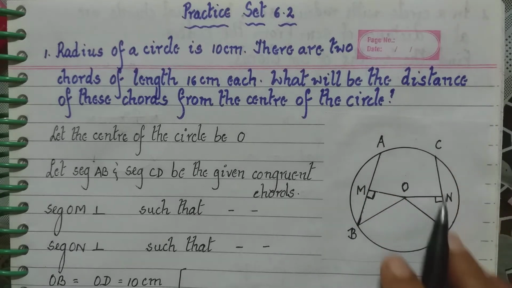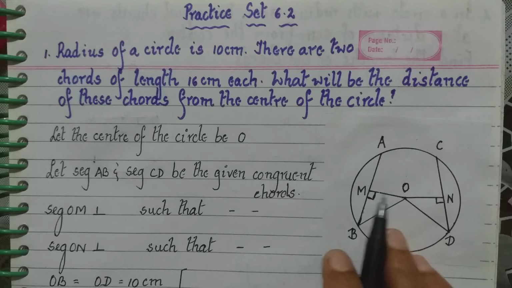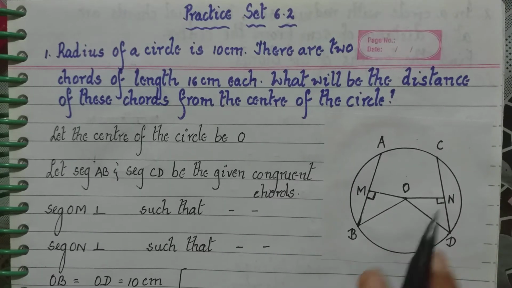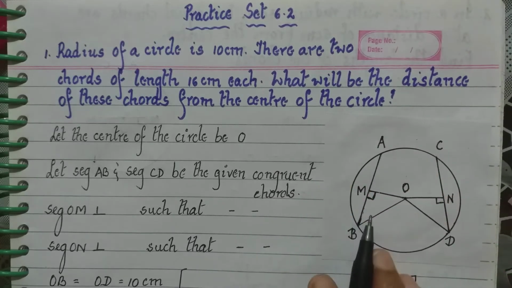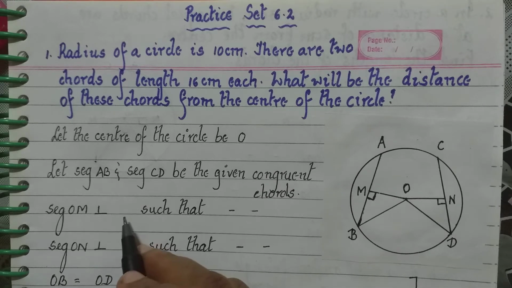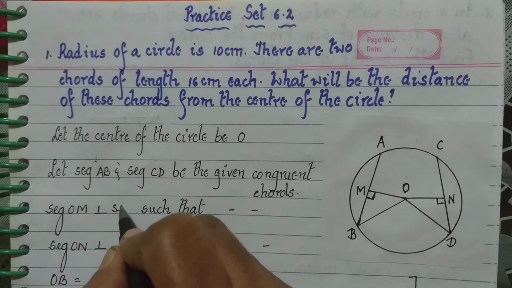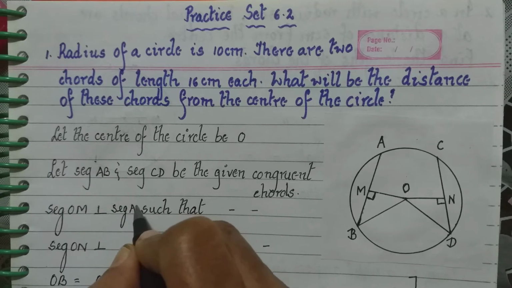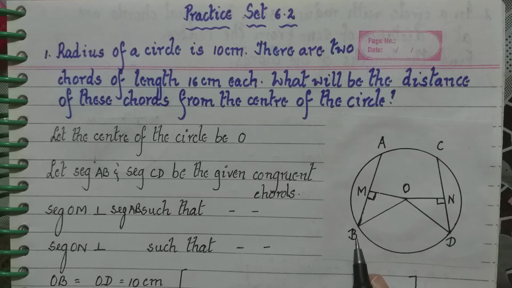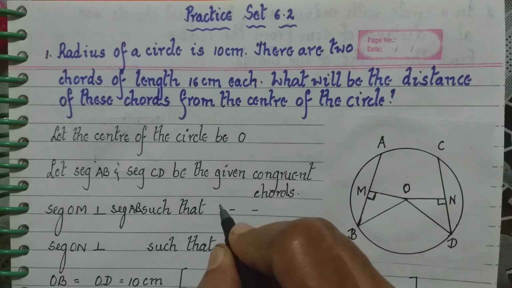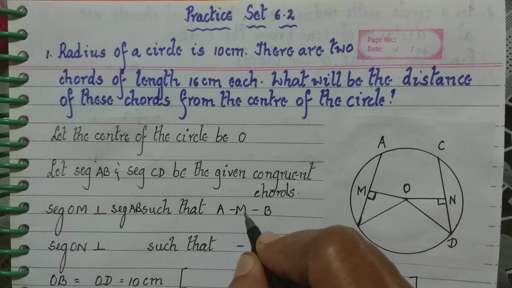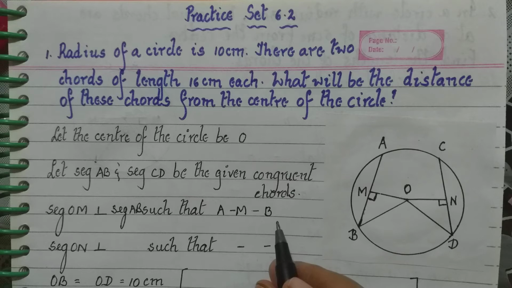Now once we have these congruent chords, OM is the perpendicular drawn to AB, chord AB. So segment OM perpendicular to segment AB. Therefore this point M lies between A and B. So we write here A and B on either ends and M in between, A-M-B.